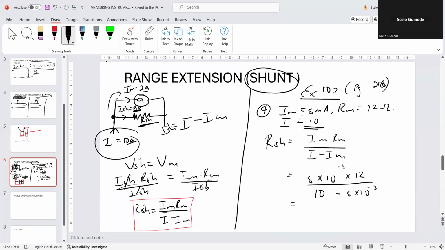I'm getting, guys, please help me out here. I'm not really sure I'm using my phone correctly, but I'm getting 6 milliohms. I hope that's correct because it's 6 times 10 to the power minus 3. Please confirm those answers for me.